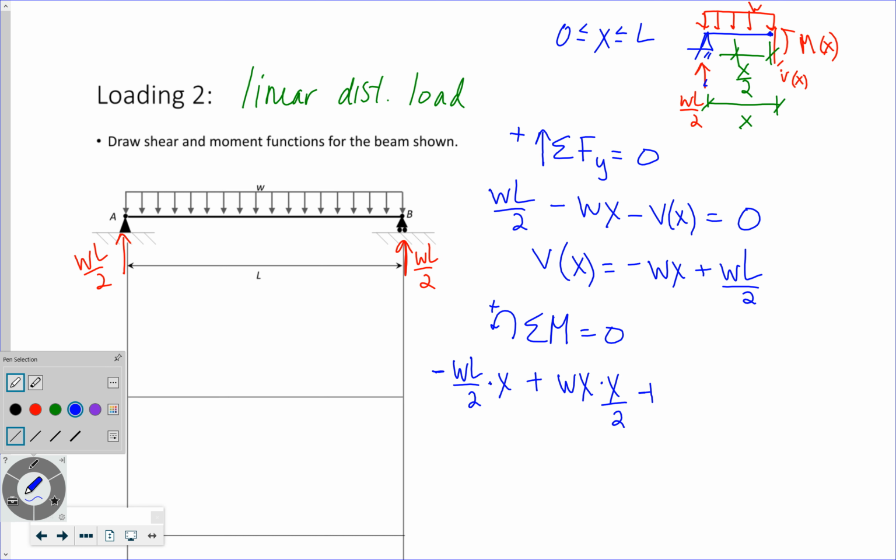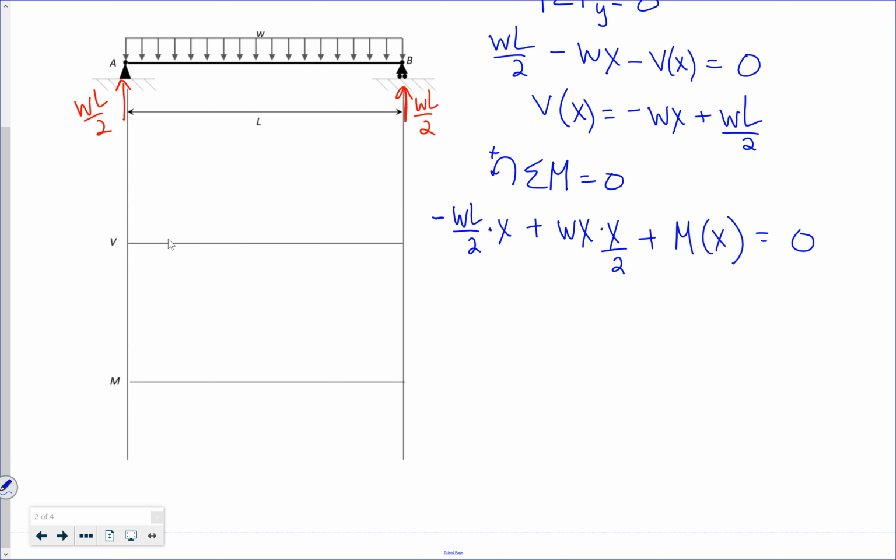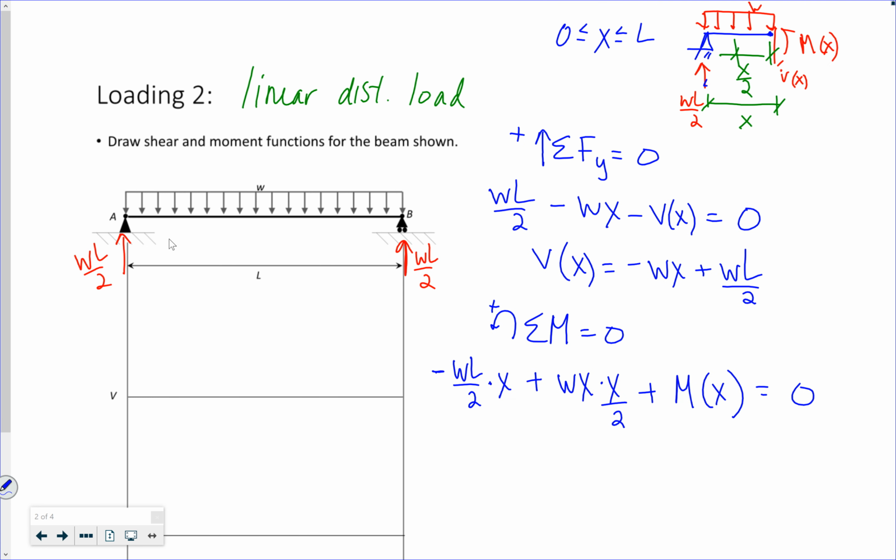And then I also have my moment. So if I solve for my moment, I get minus WX squared over 2 plus WL over 2 times X, right? If I took the derivative of that, I would get the shear function.